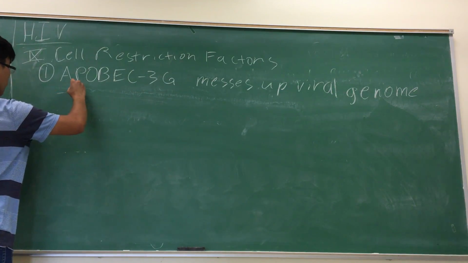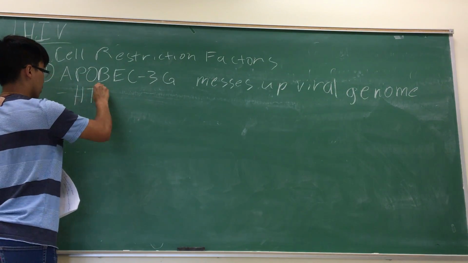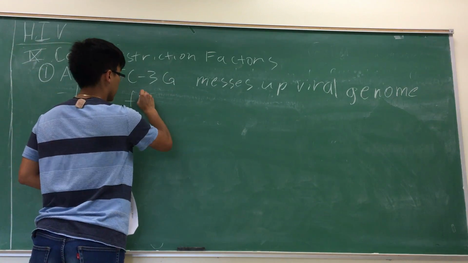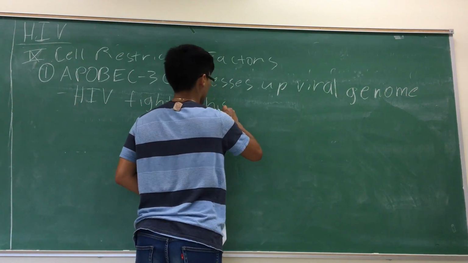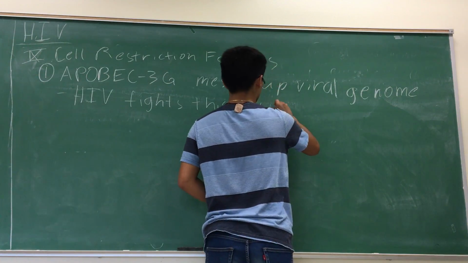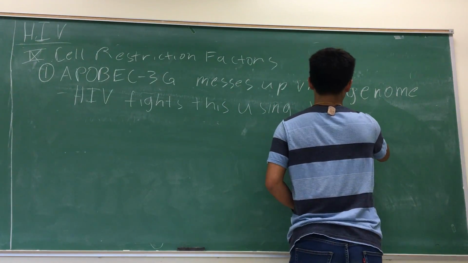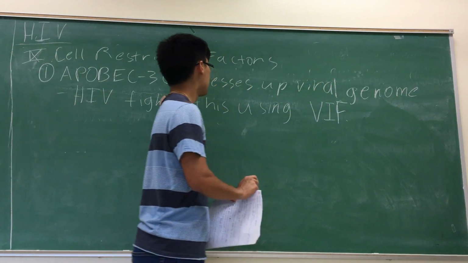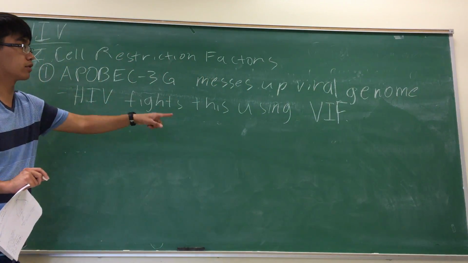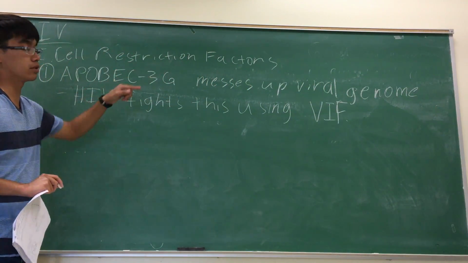So, HIV fights this using VIF, or viral infectivity factor. Okay, so ApoB inhibits HIV, but VIF inhibits ApoB.